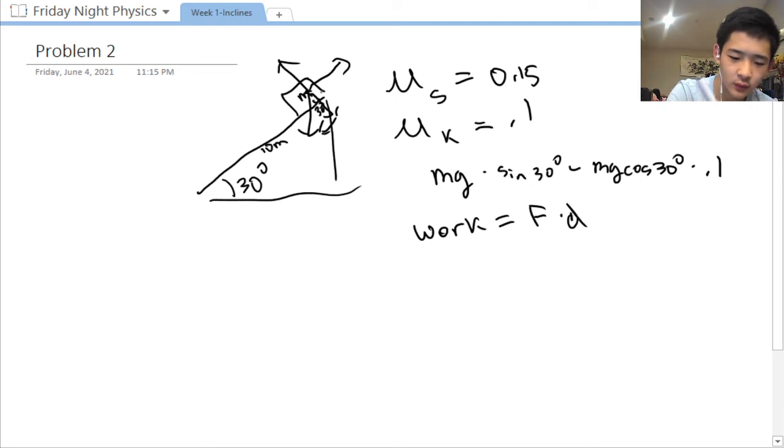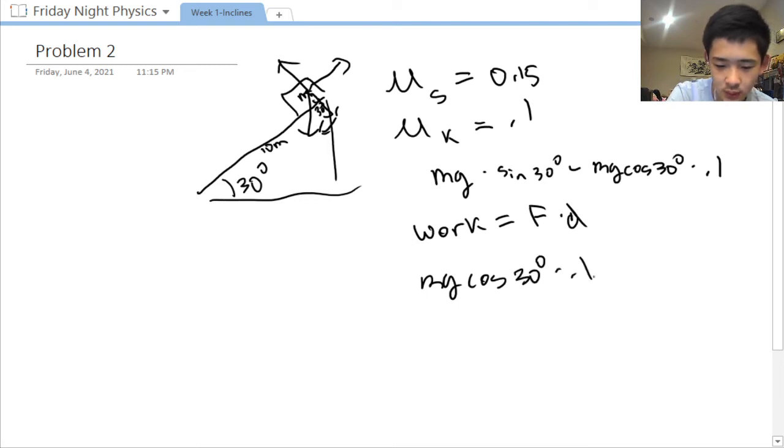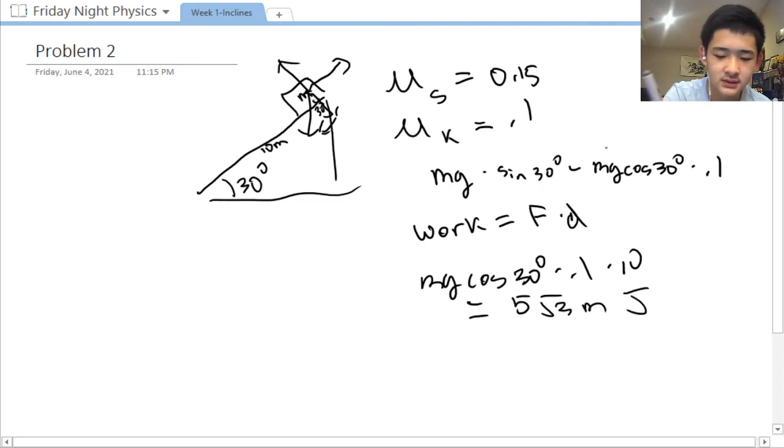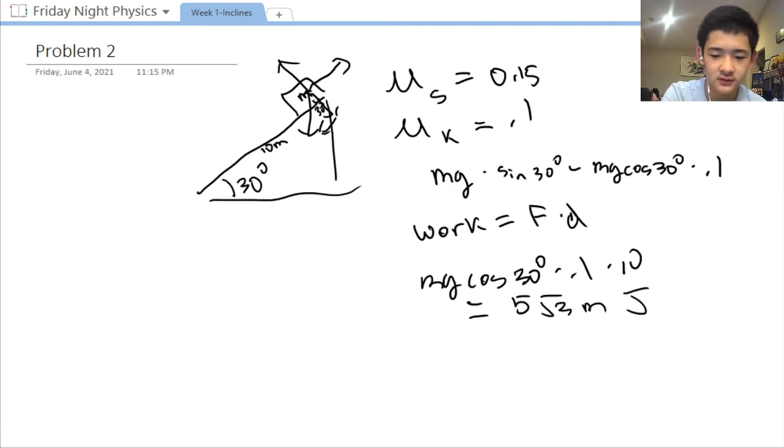And we know the force is mg cosine 30 degrees times 0.1, and the distance is 10. And then we can use g is equal to 10. So then we have 5√3m joules as the amount of energy lost to friction.